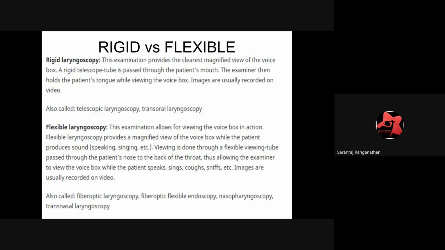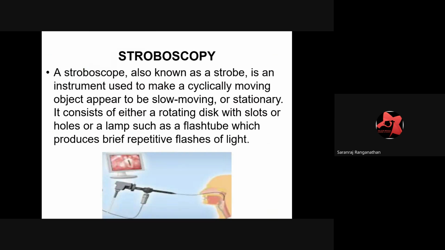They can check the capacity while the patient speaks, sings, coughs, sniffs, and so on. This flexible laryngoscopy is also called fiber optic laryngoscopy, fiber optic flexible endoscopy, nasopharyngoscopy, and transnasal laryngoscopy. These are other names for flexible laryngoscopy.